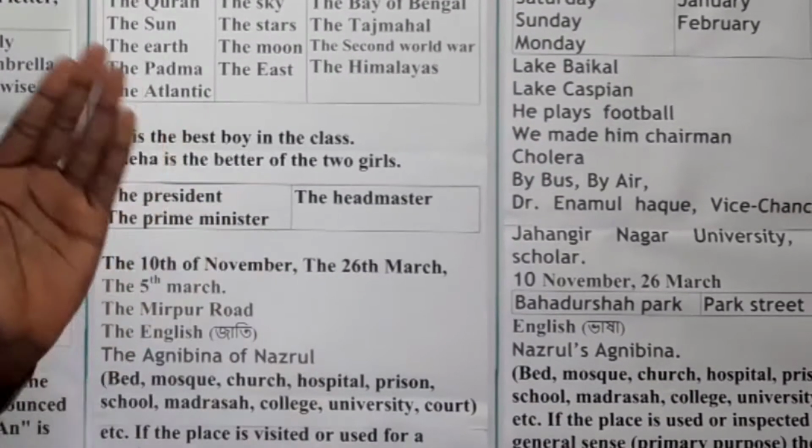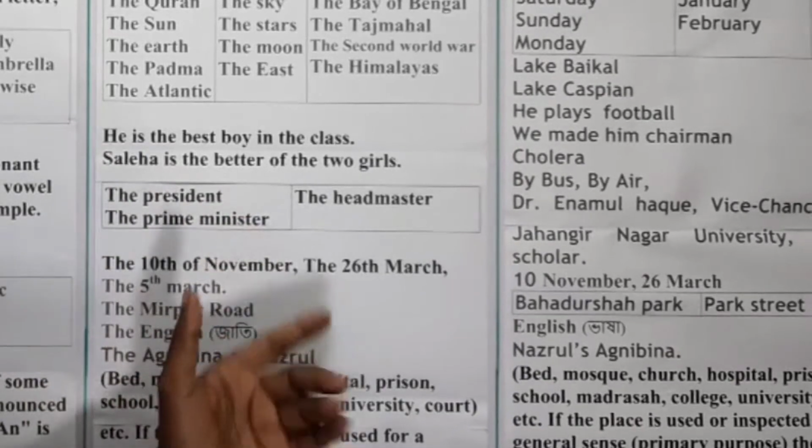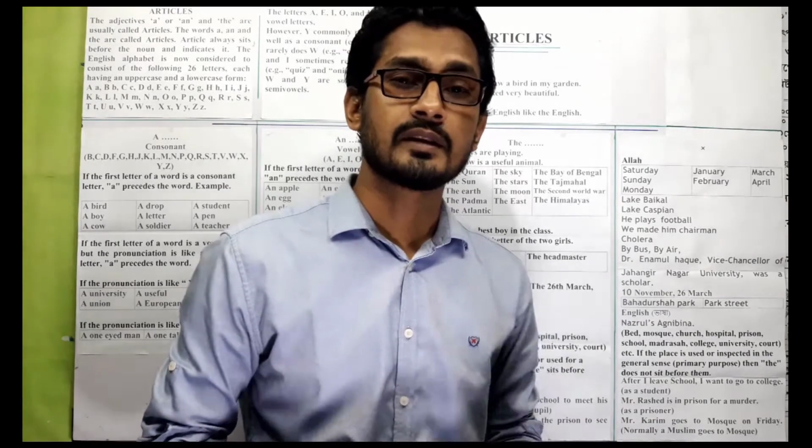The precedes the singular designation title. Example: the president, the prime minister, the headmaster. Morning, noon, afternoon, evening, night are preceded by in, but if at is placed before these nouns, then the does not sit.